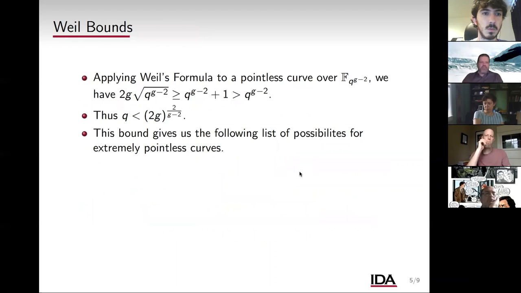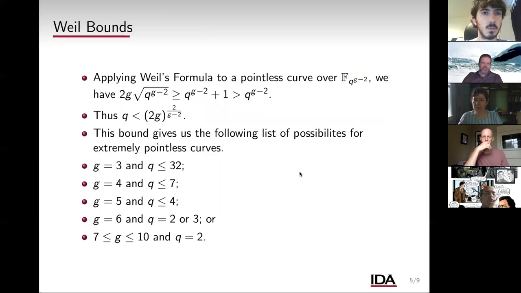And the Weil bounds give you a particularly straightforward derivation that for a particular genus, you can bound this as a function of the genus, and this is a decreasing function. So you have a finite list of possibilities for Q's and G's just from this bound alone.